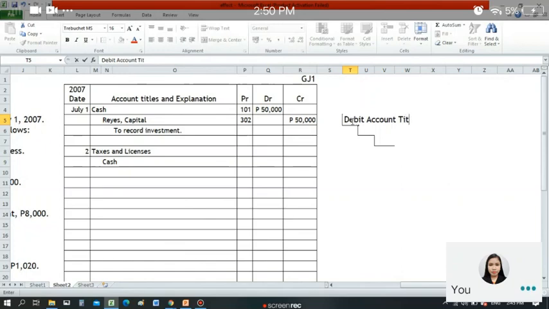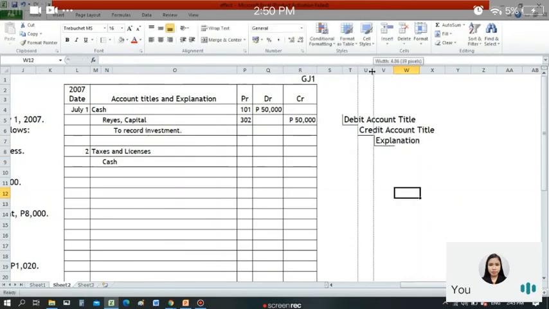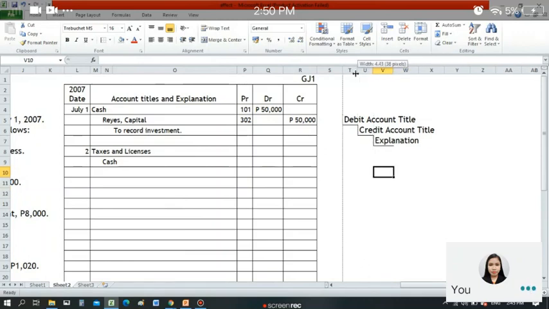So, kung ano yung debit mo na account title, siya yung una. Next is the credit account title. And last is the explanation. So, you must write the journal entry based in this format. So, ladderized po siya. Hindi siya pwedeng pantay-pantay. Okay?